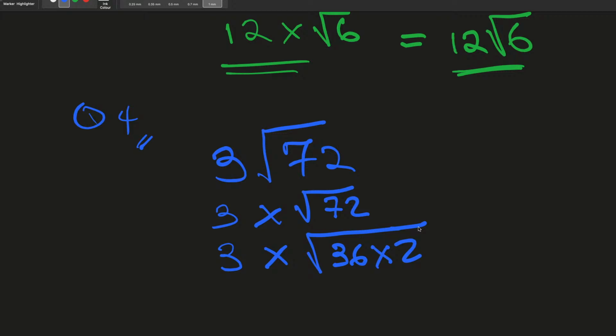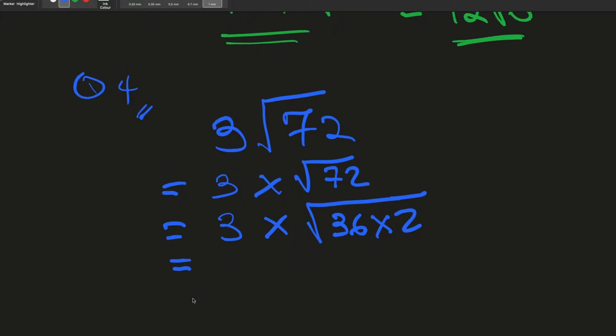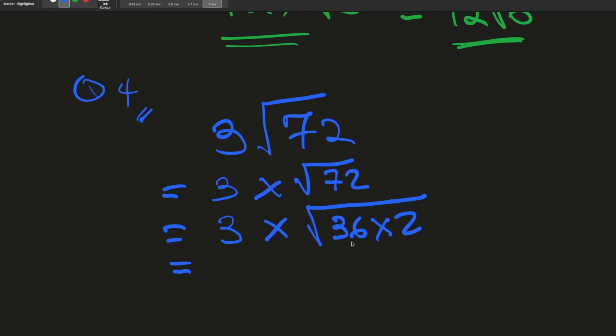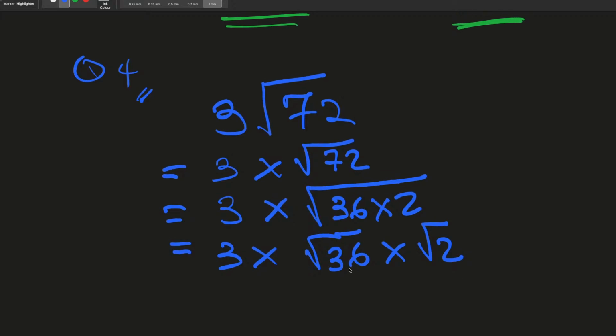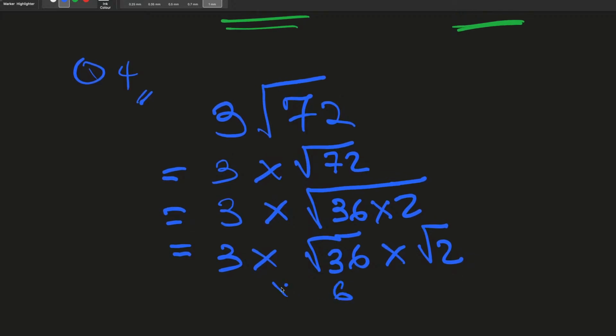Okay, we can further expand it. Why? Because we know that the square root of 36 is 6. So we say 3 times the square root of 36 times the square root of 2, and the square root of 36 is 6, multiplying 3 times the square root of 2.